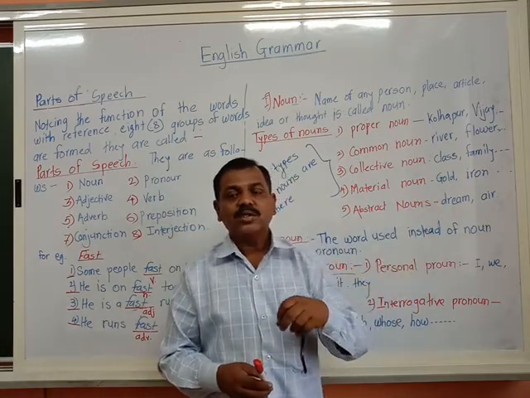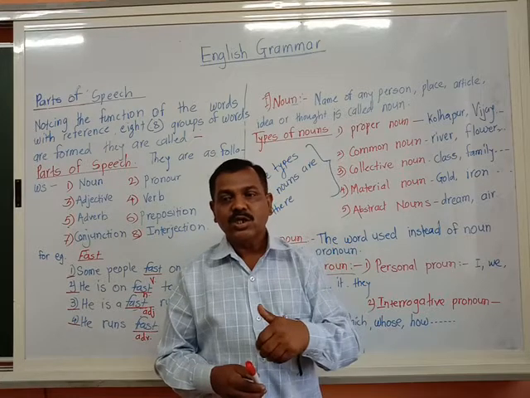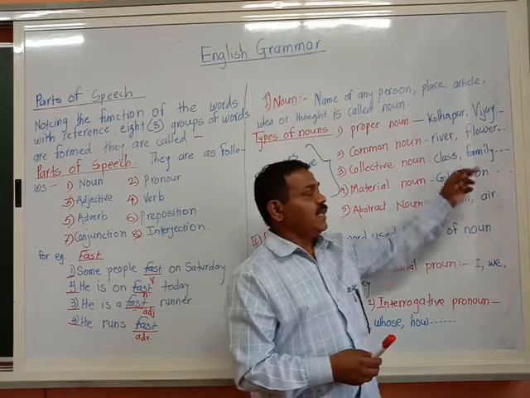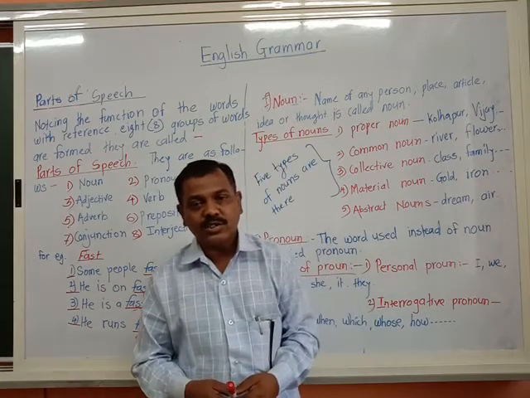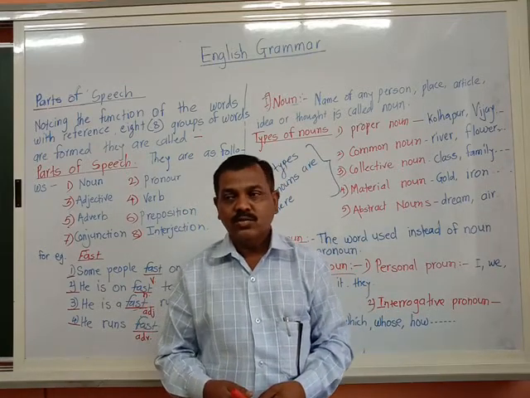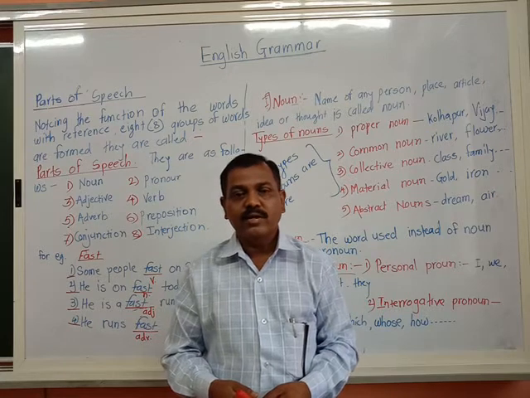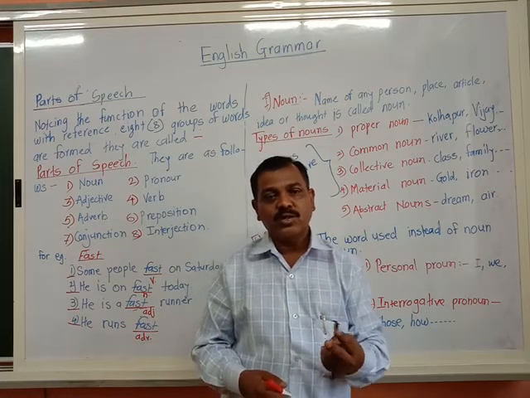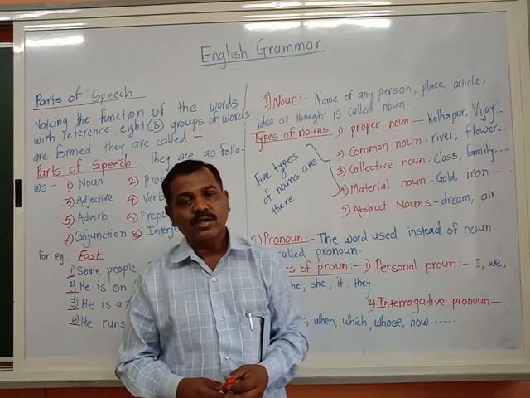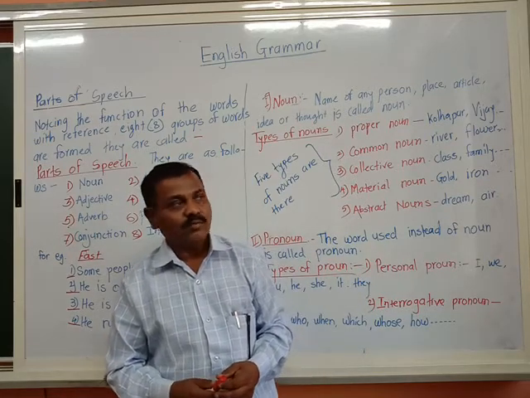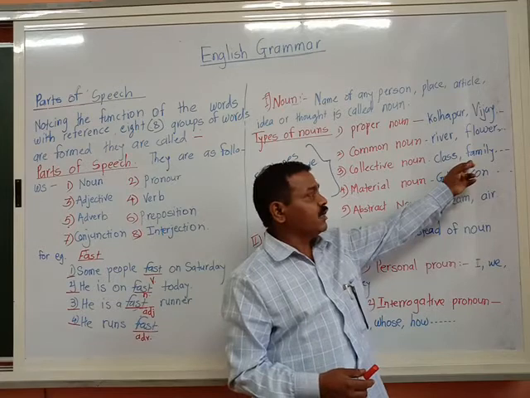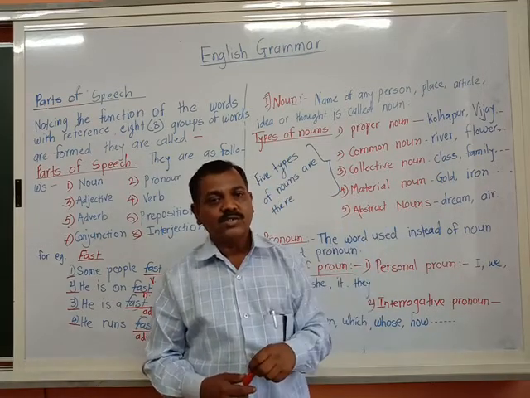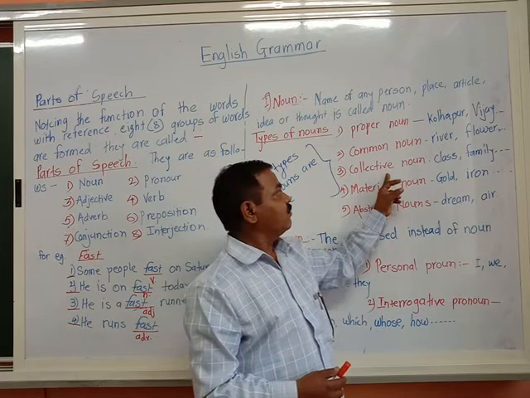Class means some students, teacher, and this mob is called the class. Family, suppose if I am here standing single person, you will never say that this is the family. Family means at least more than 2 people are together. When we mention or when we say that family, the idea of any group comes before our eyes. That is why it is a collective noun.